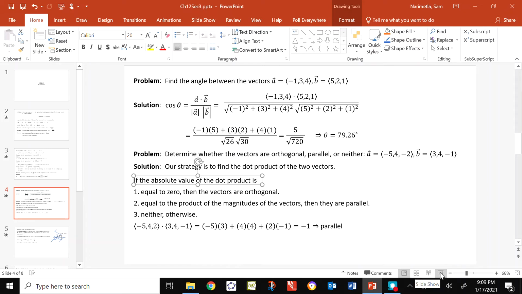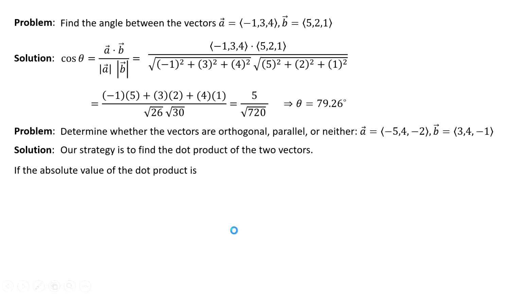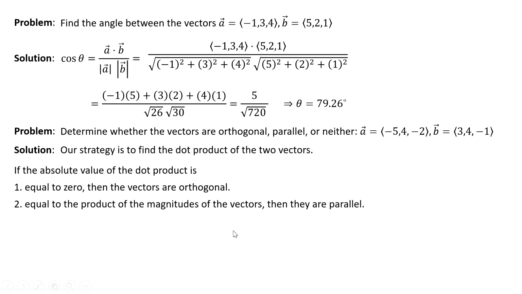Let's see. The thing is, let's say two vectors, 2i and 3j. You and I know that they are clearly orthogonal to each other, right?